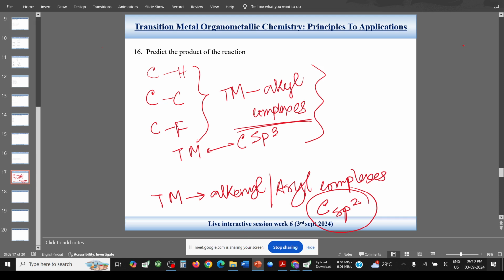Before starting the problem solving session, first I will discuss the mechanism of the CF activation reaction.